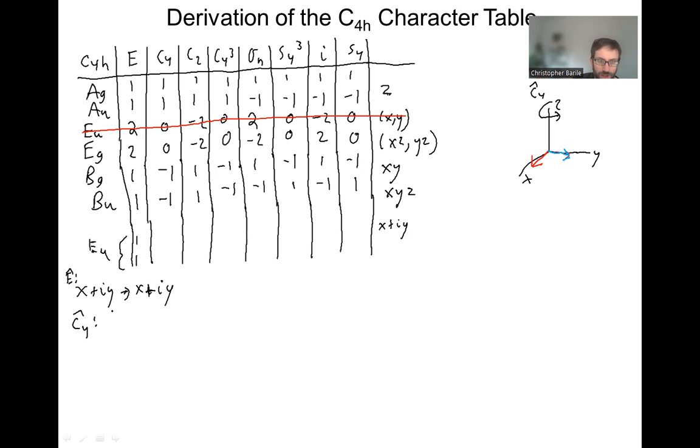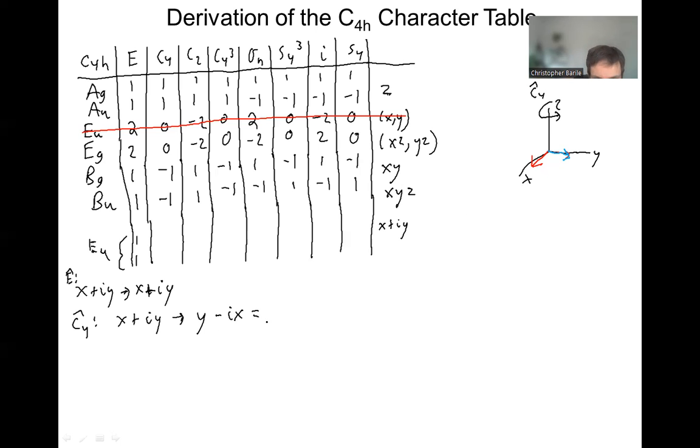What about C4? What's x plus iy going to go to? We know that x went to y when we did this, and when we did a C4 on y, y went to negative x. So we're going to get y minus ix, because y went to negative x.